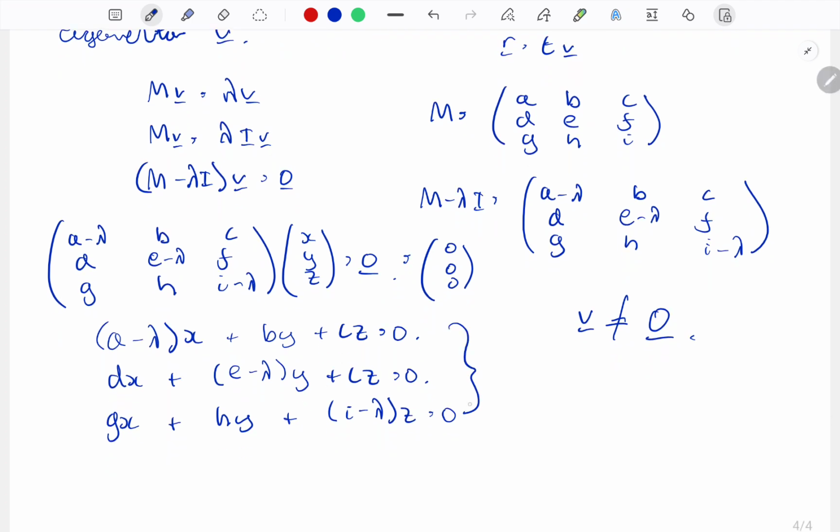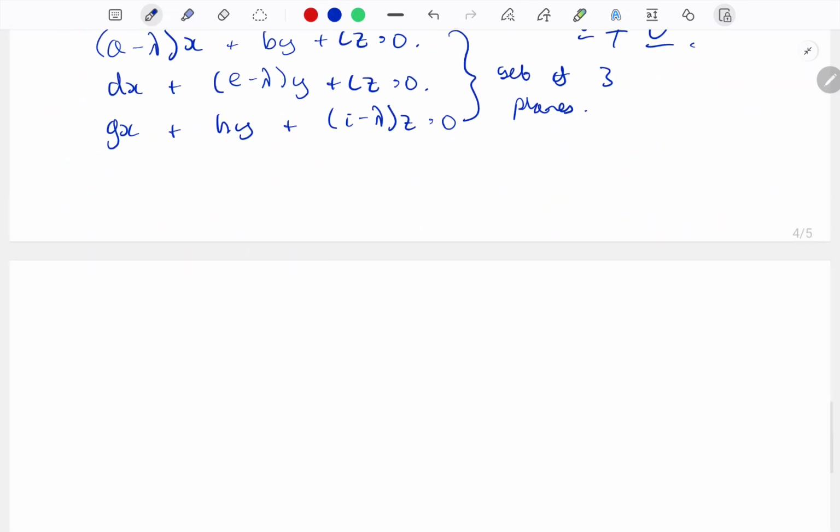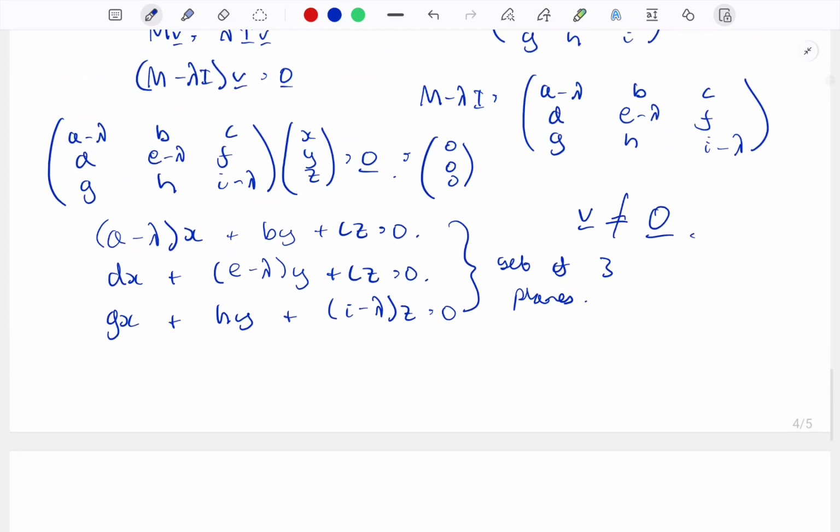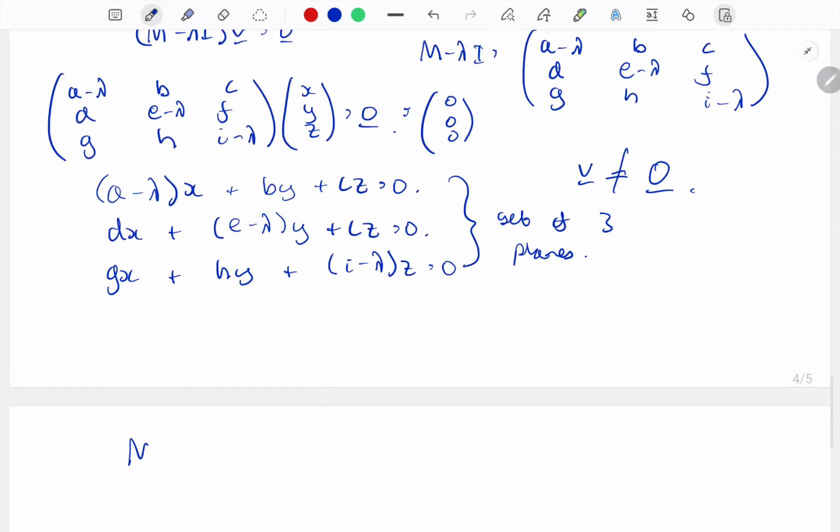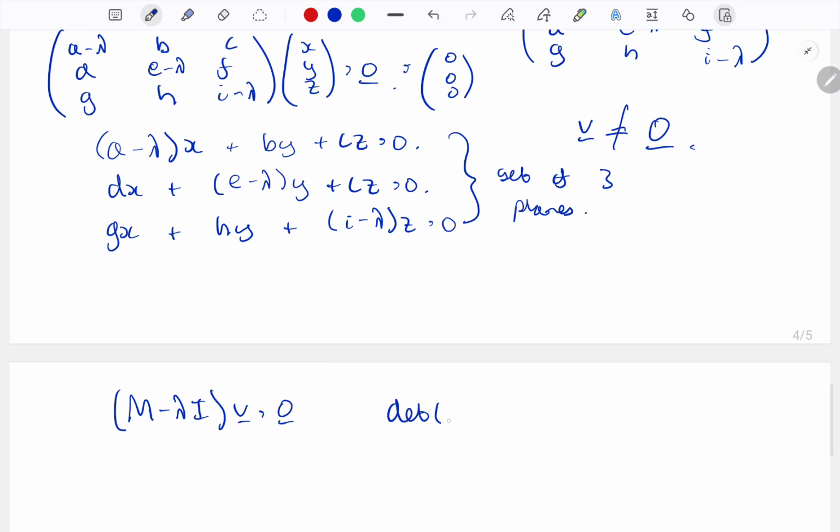So this here, A minus lambda X plus BY plus CZ, is a set of 3 planes. And in order for M minus lambda I V to be O, without V itself being O, we require the determinant of M minus lambda I to be 0.